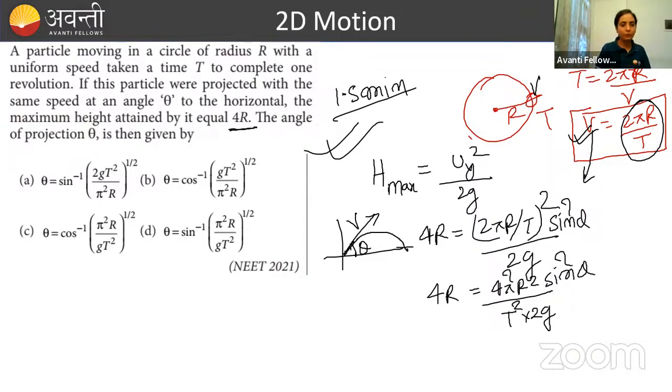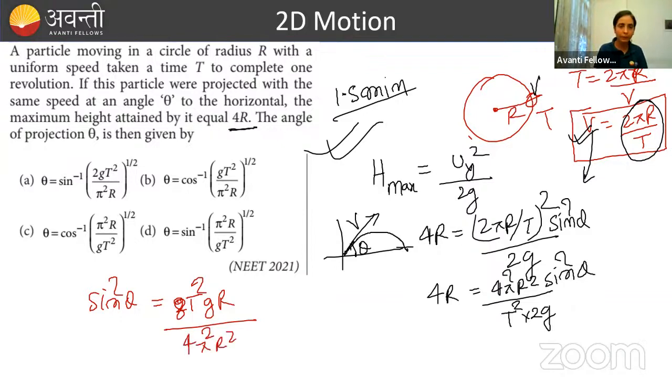Now what will be the value of sin square theta if you write it? Sin square theta is equal to 8 t square g r divided by 4 pi square r square, multiplying 2 into 4 to get 8. So 4 will go in 8 two times, and one r will get cancelled.